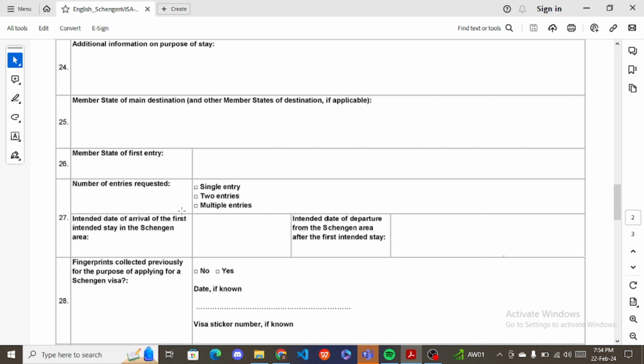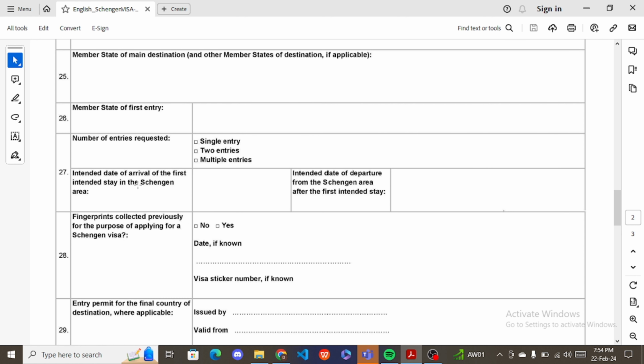For multiple entries, I can leave Malta, maybe travel to Germany or another Schengen country, and enter multiple times into Malta, more than 2 times, as long as it is still within the validity of the visa, which is usually 3 months. That's just the difference between the single, two entries, and multiple entries. So let's bear that in mind.